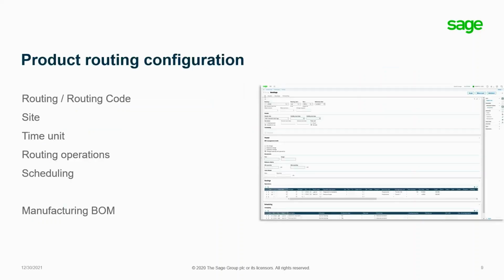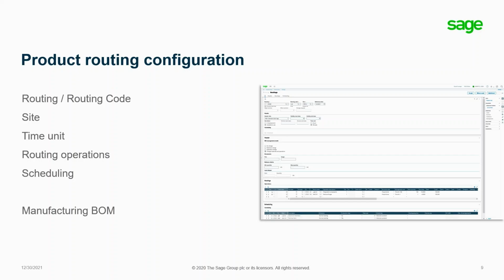The X3 routing configuration is used to define and sequence the manufacturing operations or processes required to produce or process a particular product. Each routing is associated with the stock item that is being made or processed. When a product's routing is applied to a work order based on a required quantity, X3 produces a production plan for that work order.